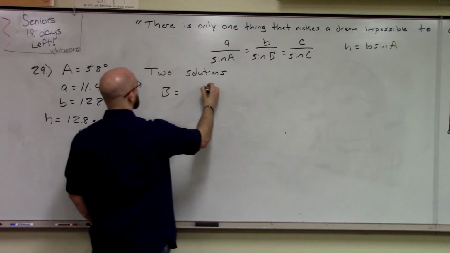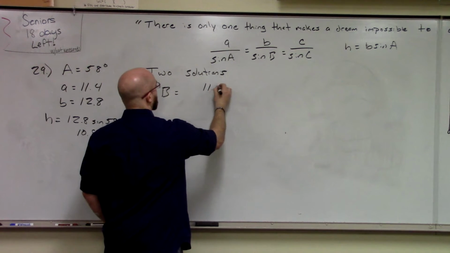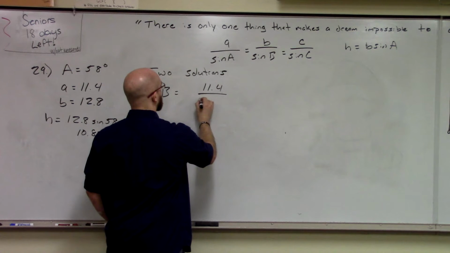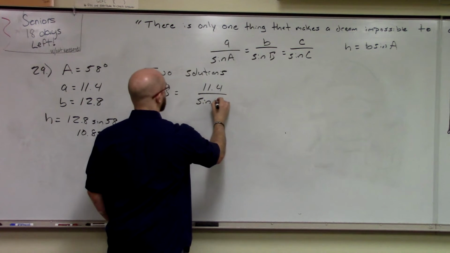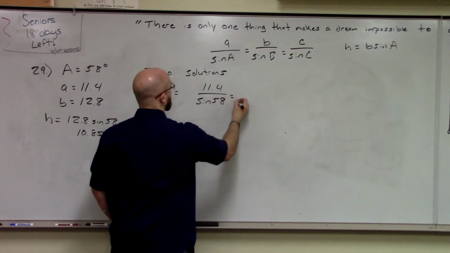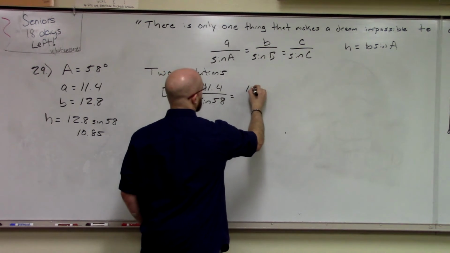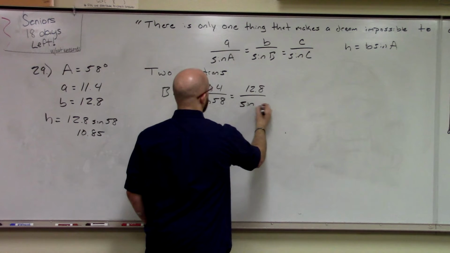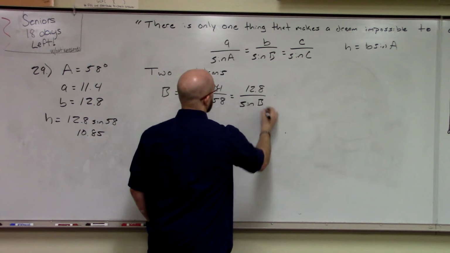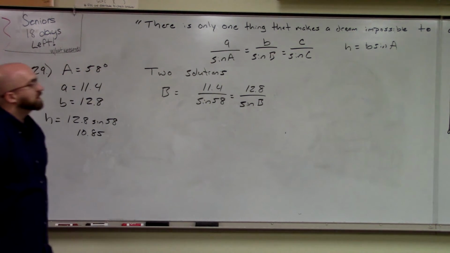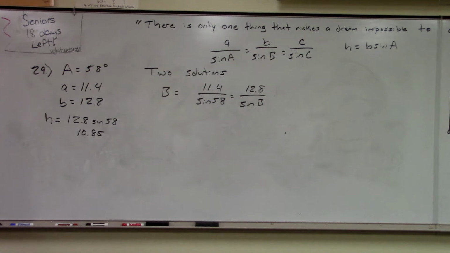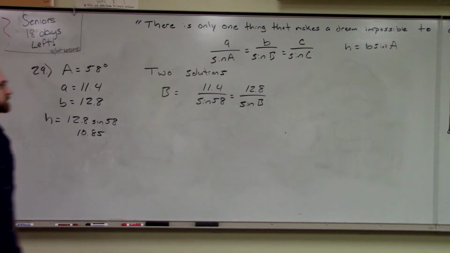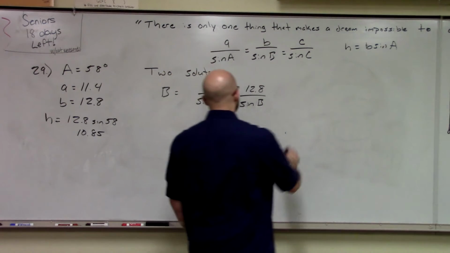All right, so that's equal to 11.4 sine of 58 equals 12.8 sine of capital B. Okay, so that's what we need to find. And how we do that one is a little bit different.